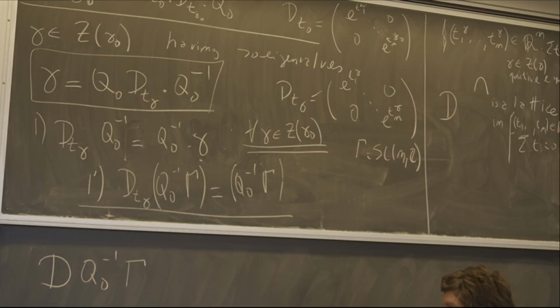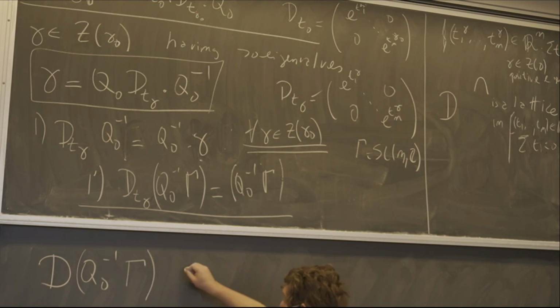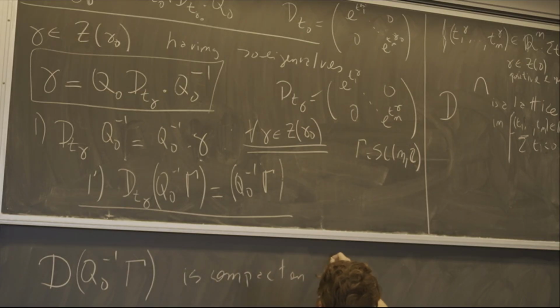So this is the D orbit of Q naught inverse times gamma, and I claim that it is compact on G mod gamma. And for this, I need to do the standard things, which is this D orbit on G mod gamma is homeomorphic and naturally equivalent to D quotient by the stabilizer of this point.